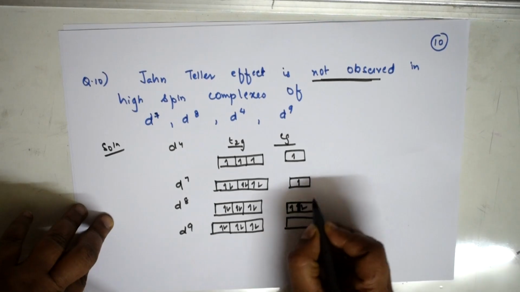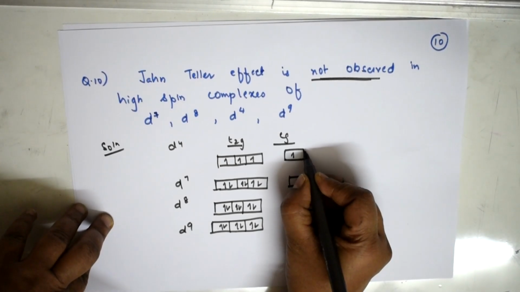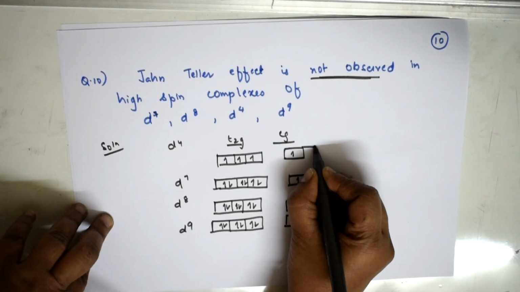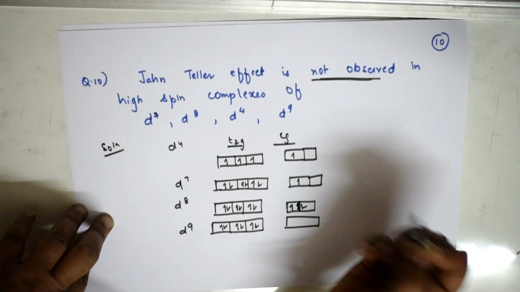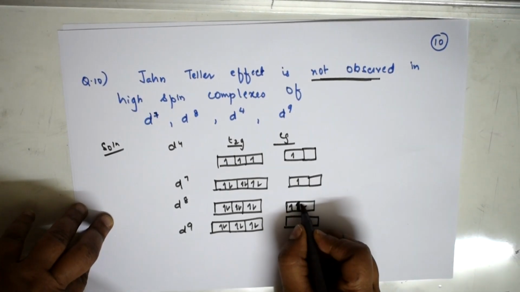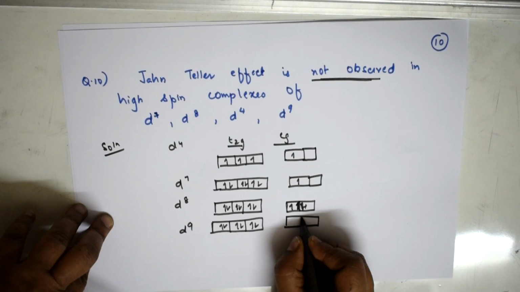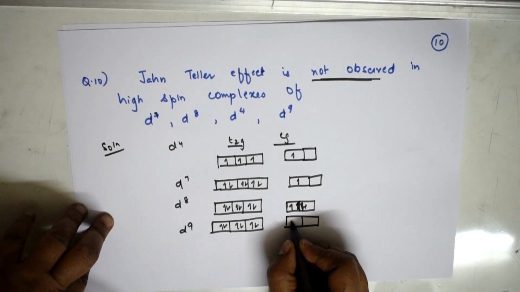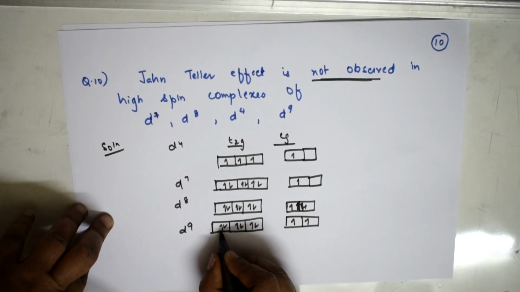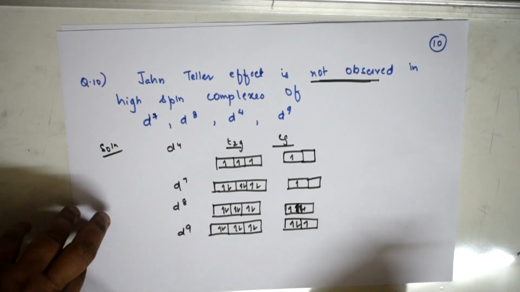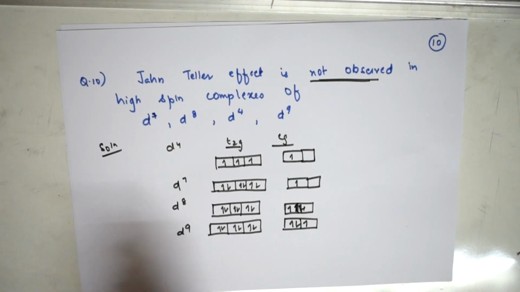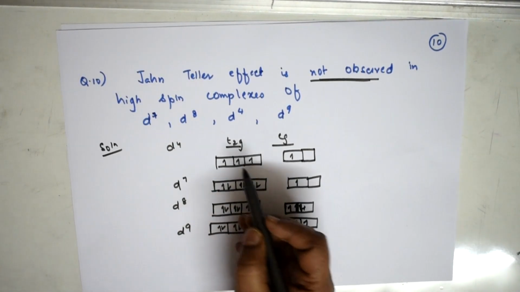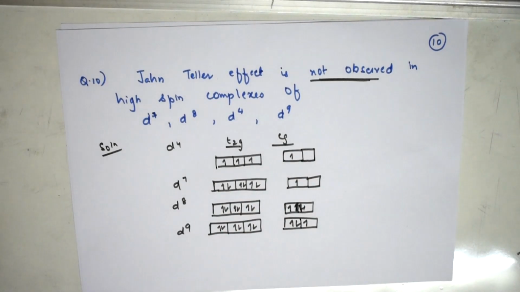Eg is a doublet set, I'm sorry. Here 1, and in the eg set again I have to draw 1, 2, because 3 to 6 are over, then 7, 8, 9. Now I have drawn, right? So t2g is a triply degenerate set and eg is a doubly degenerate set.